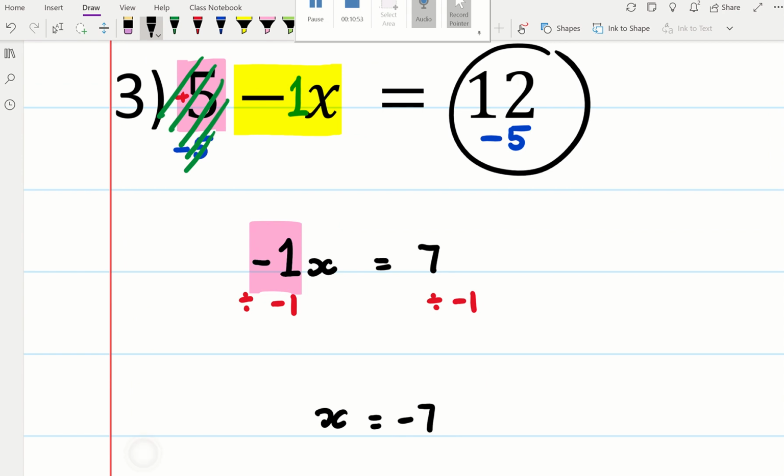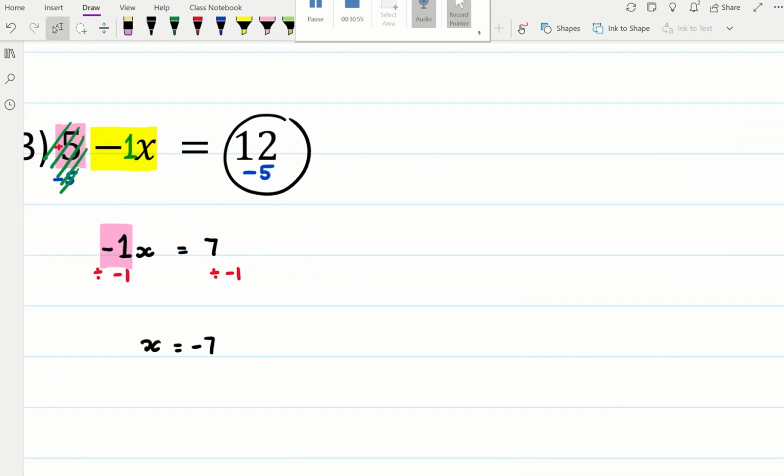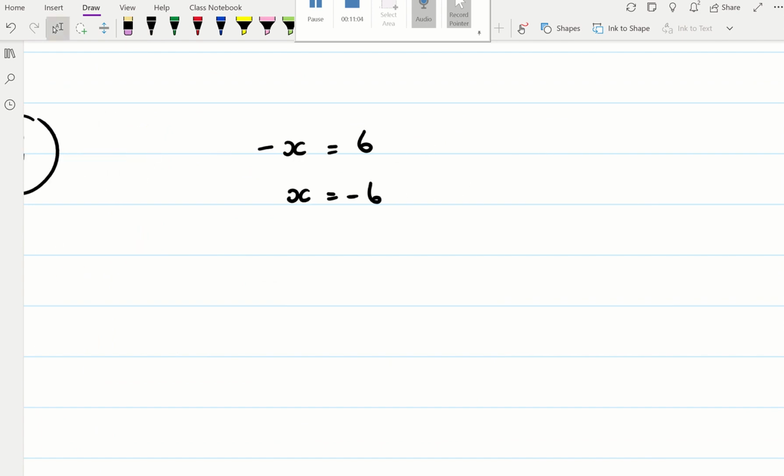For something like this, I'm going to show you, if you end up with a negative x, negative 1x equals 6, your positive x is the opposite, negative 6. Again, if negative x is, say, 3, a positive x is a negative 3. It's the opposite. Negative x and x are opposite signs. If you start the other way around, minus x equals negative 5, well, x is a positive 5.